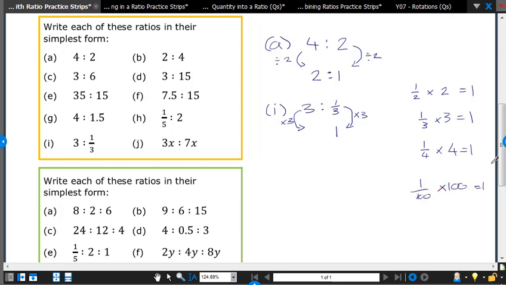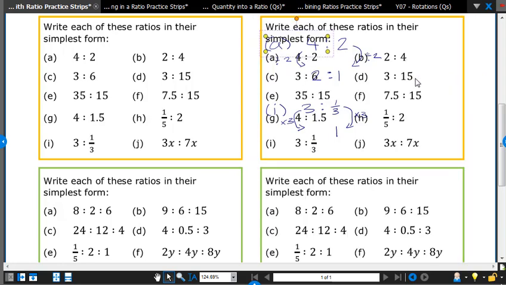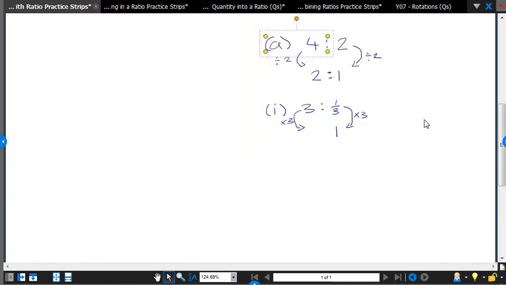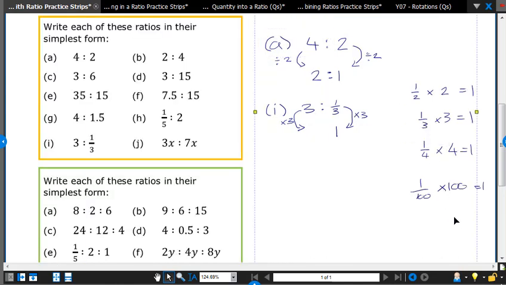I hope we know that. Think of 100 slices of cake. If you have 100 of them, you have a whole cake. So that's pretty much how we do those little tricky ones.